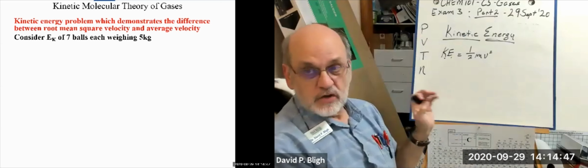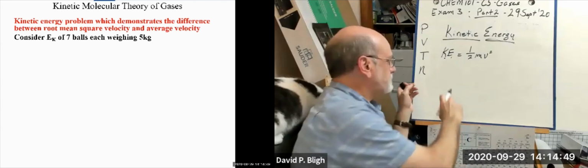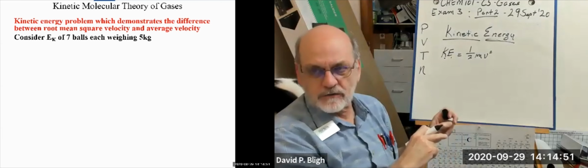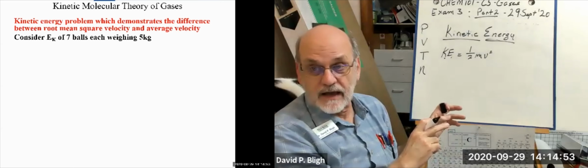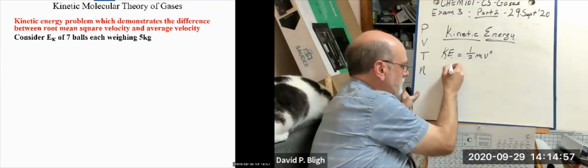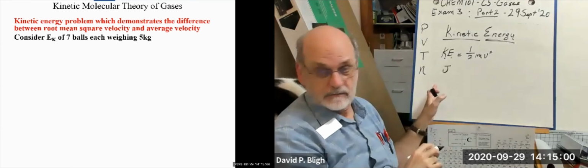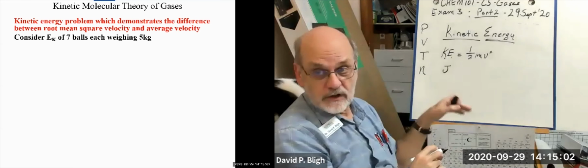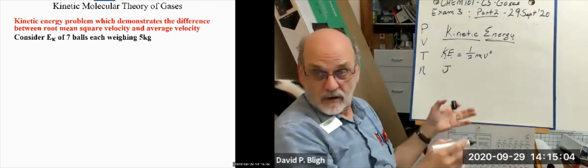But let's look at the units of measure first. What's the standard unit of measure for energy in the SI system? Joules. So there's our unit for energy. What are these standard units? Well, mass is kilograms, right?